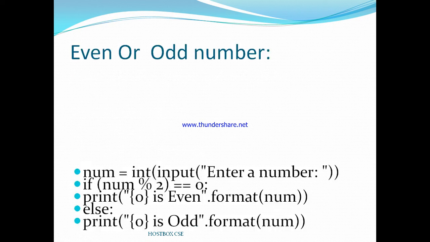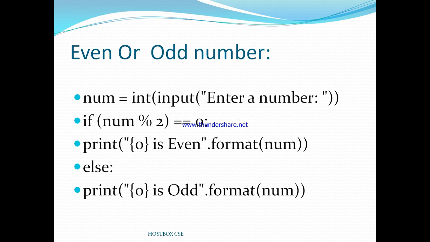Then we come to the third program, how to find an even or odd number. We can give some input and find whether the input is an even number or odd number. A simple program, you can write the Python script like this: num is equal to int of input of enter a number. Then we know the logic already, as we study the C language or some other language.